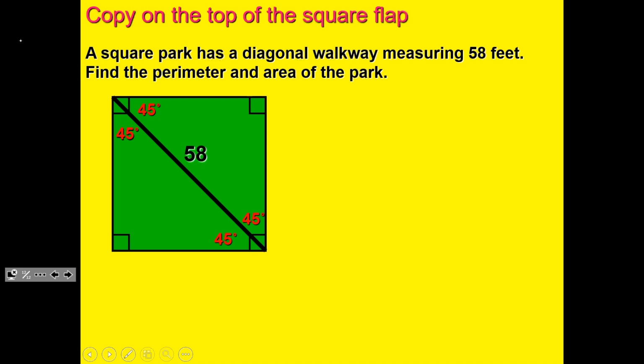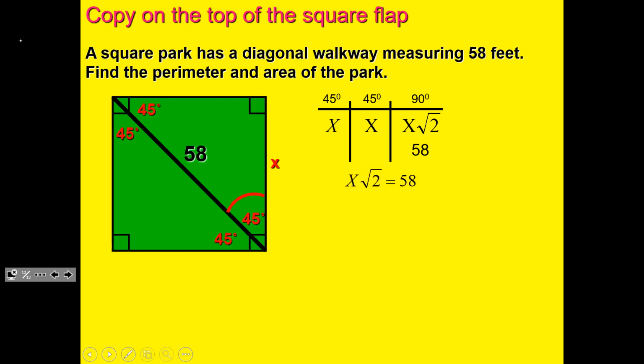That was the theorem, basically, that it has to have the property of a rectangle and a property of a rhombus. So, like you guys just said, we know which sides are our x's, and we are setting x square root of 2 equal to 58. We solve and get our x.